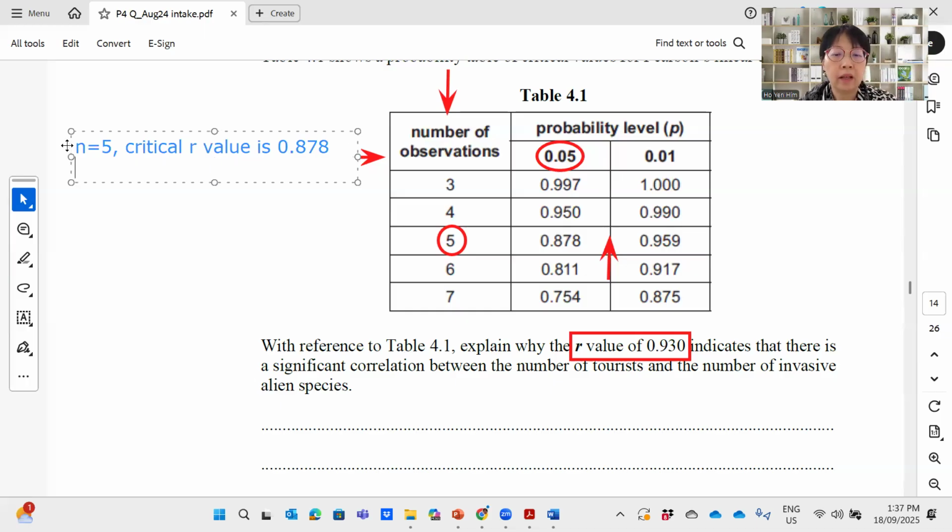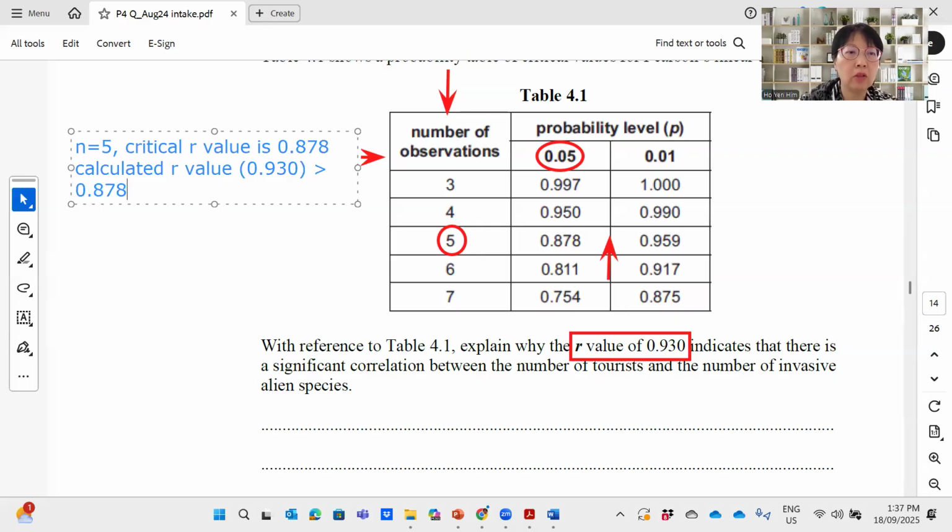So, and then the calculated R value 0.930 is more than 0.878. So then you get the full marks.